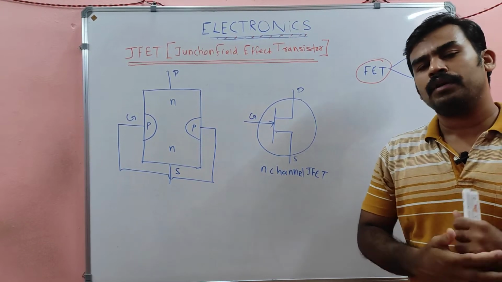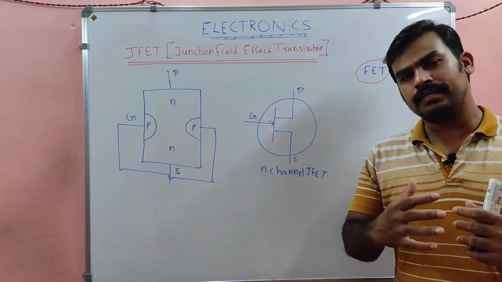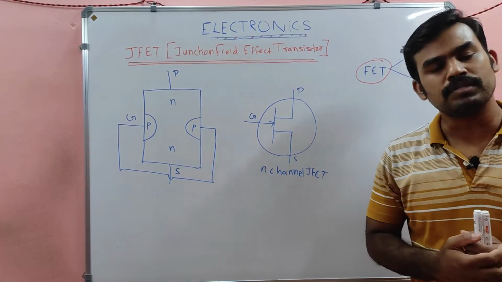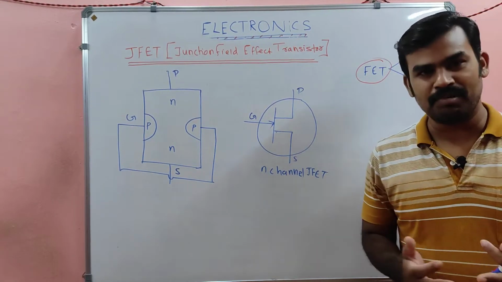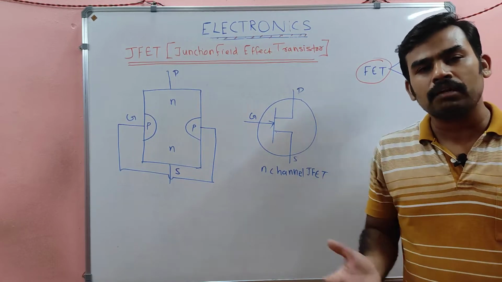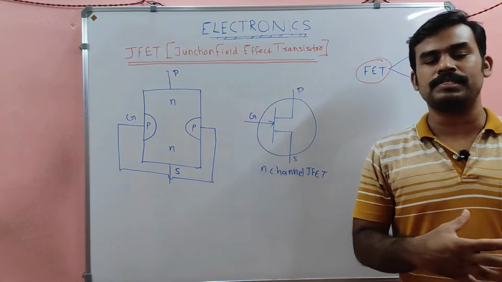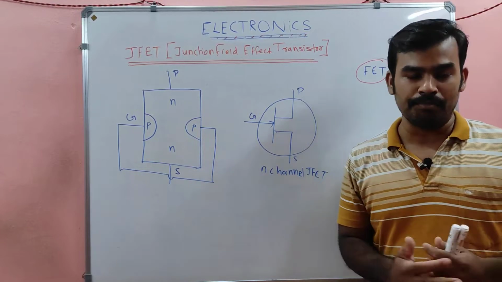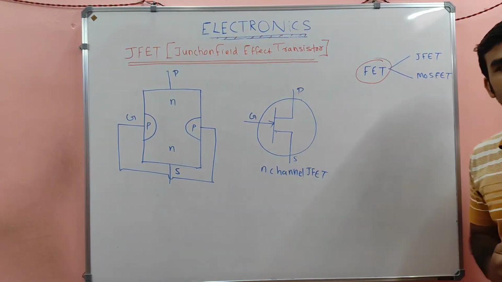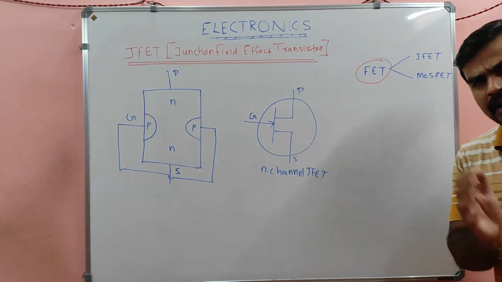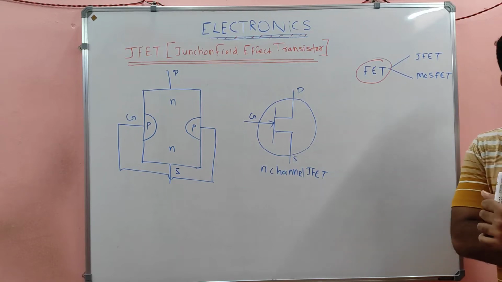That means noise signals will not come into the system because of the high input impedance offered by the field effect transistor. That is the main advantage of the FET.